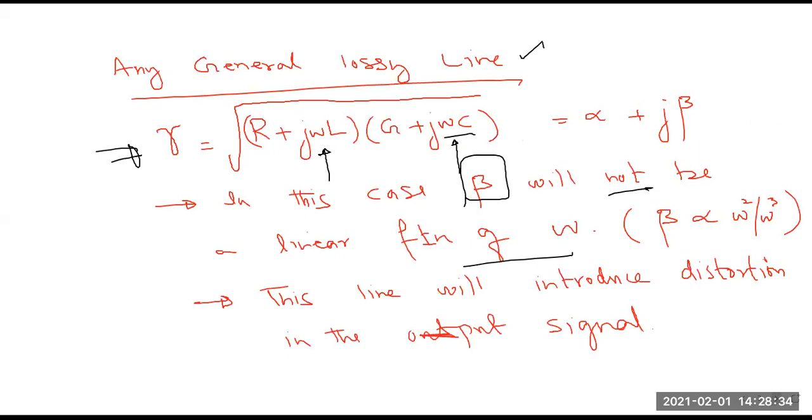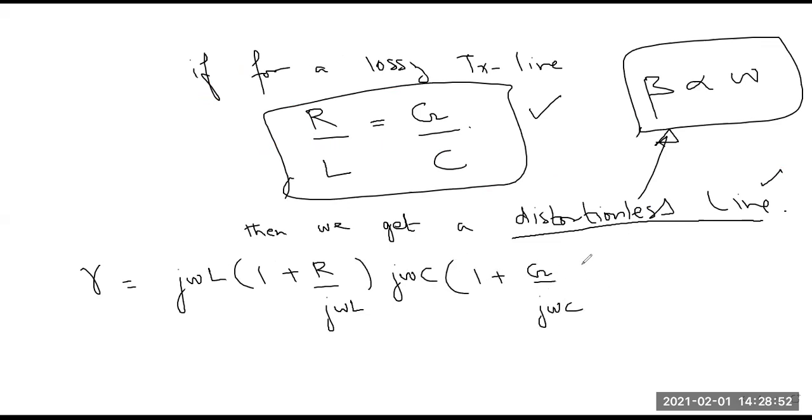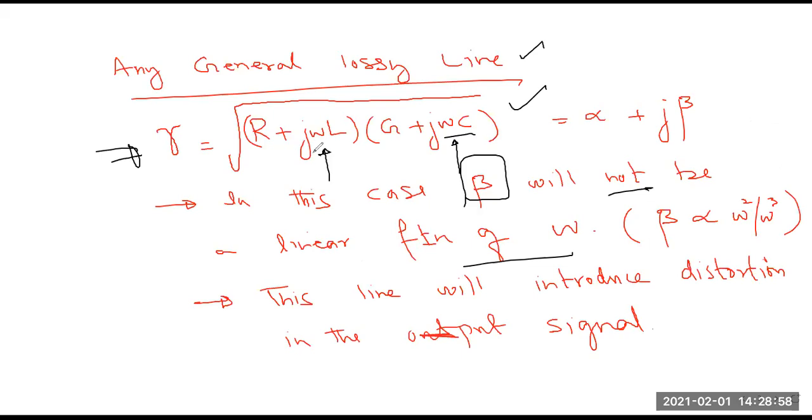So the propagation constant will be equal to the square root of j omega L times 1 plus R divided by j omega L, times j omega C times 1 plus G divided by j omega C. This is the same expression, just rearranged.